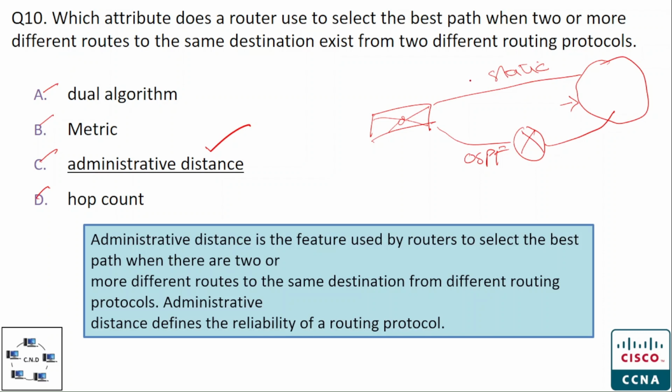If the static administrative distance is, let's suppose, 10 and the OSPF administrative distance is 110, then this one will be used or selected. So that is the concept behind administrative distance: when you have two or more paths to the same destination that are learned through different routing protocols, then the one with the less administrative distance will be preferred.